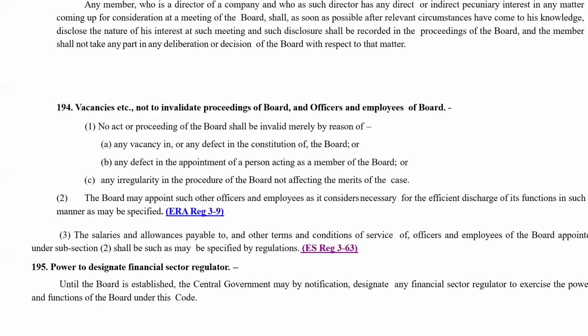The central government may by notification designate any financial sector regulator to exercise the powers and functions of the board.